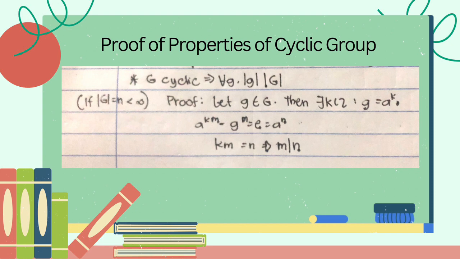The order of G has to be a divisor of the order of the group, and that completes the proof.